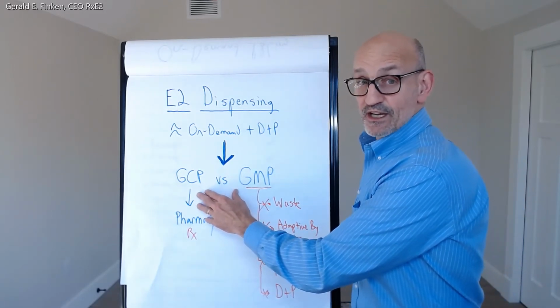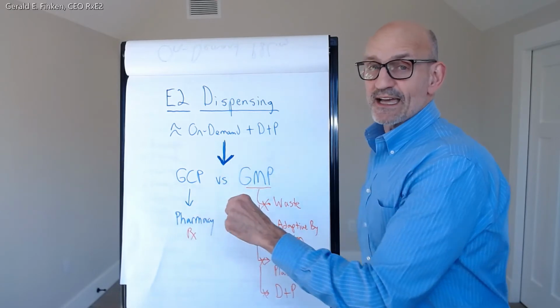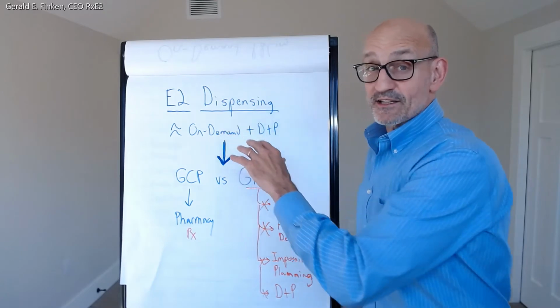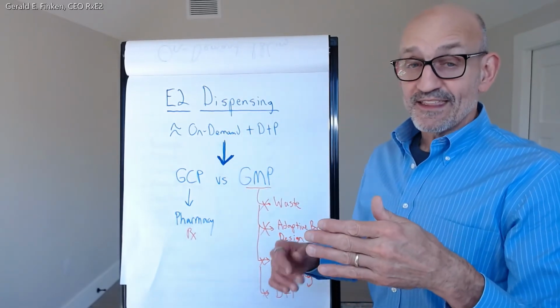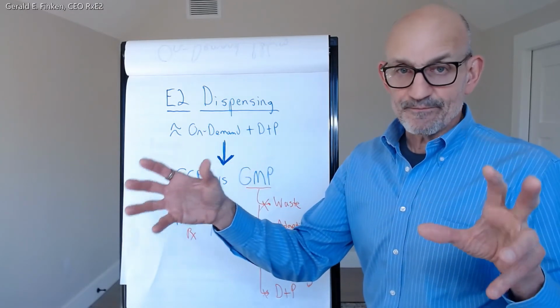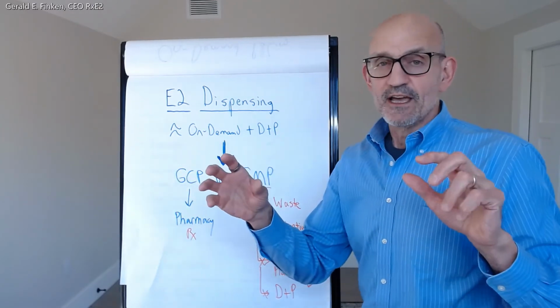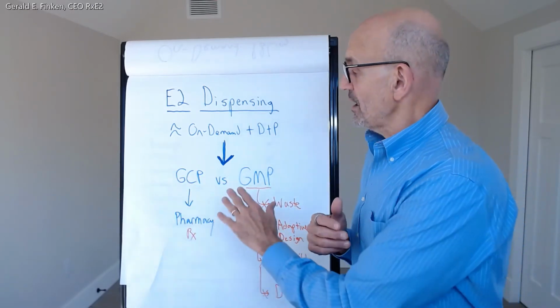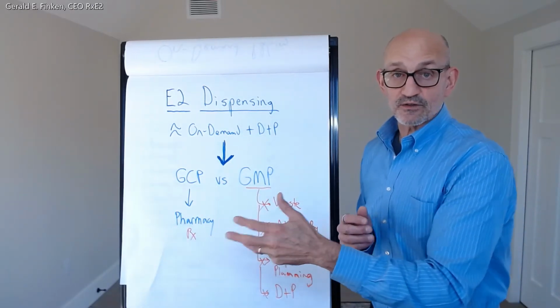Now the issue is the complexity if you did that for each individual clinical site. With my E2 dispensing, we have a central pharmacy that can send clinical supplies to every clinical site, or directly to the patients in any state, because the central fill pharmacy is licensed in those states.